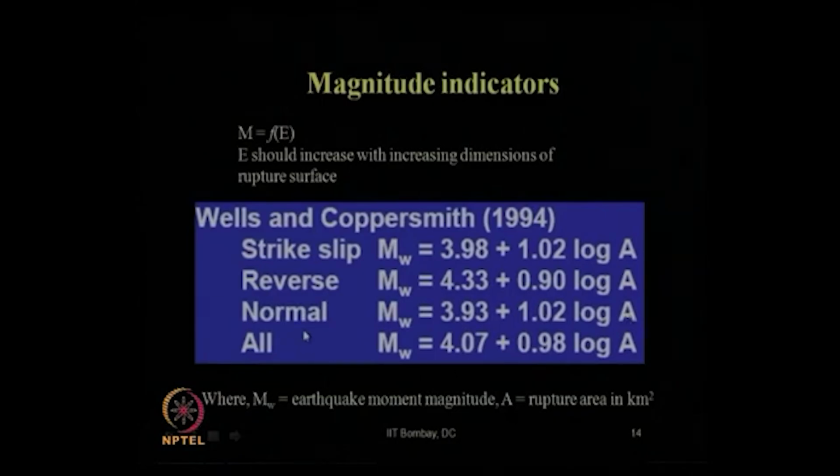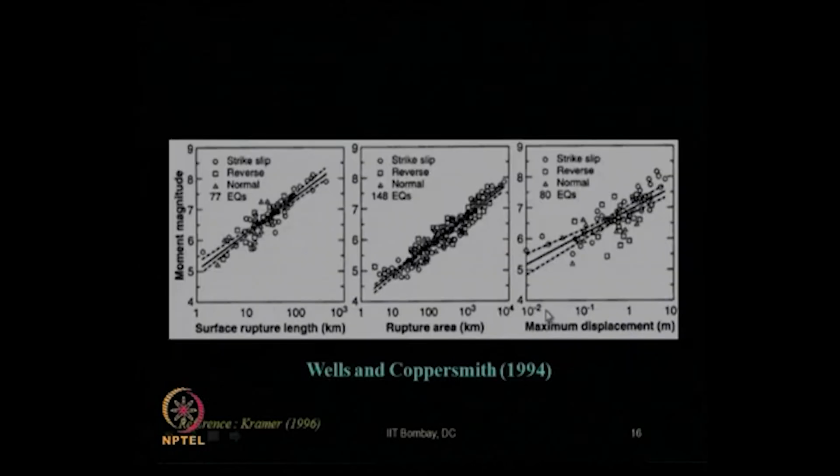If it is any type of fault, that is all types of fault, that is if you are not sure about what type of fault, then you should use this equation, which is valid for all types of faults. Now, you should know the origin of the development of these equations. Wells and Coppersmith collected several historical earthquakes available before 1994, knowing their fault rupture pattern and type of fault, and did a combined analysis, assembling all these historical earthquake data and plotting them in this form.